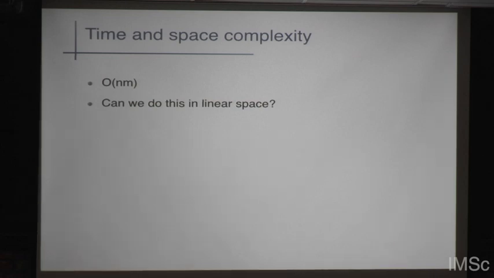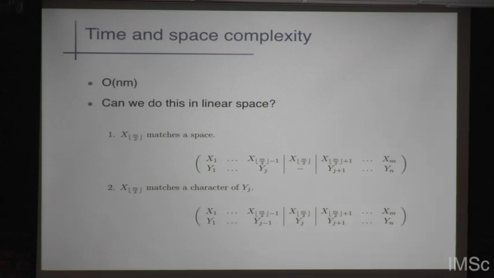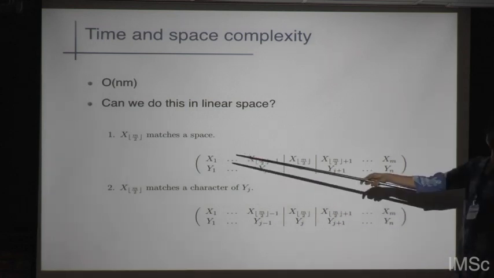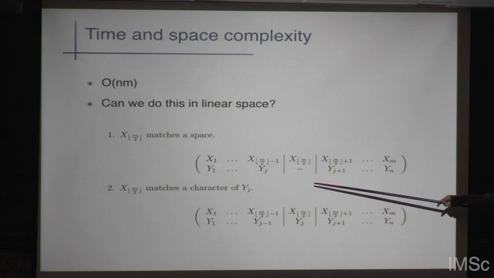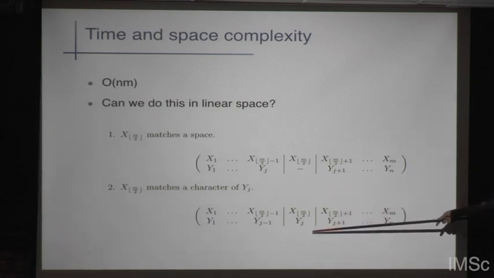So here, the way they do this is: take your sequence x and take the midpoint, which is m by 2, and see whether it, there are two cases. It either matches a space or it matches a character from y. There are only two options.